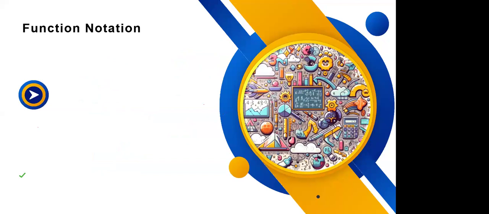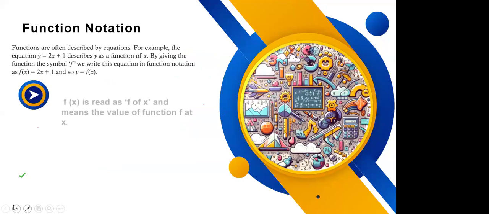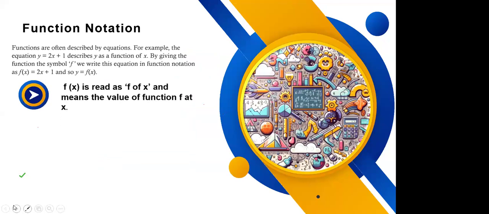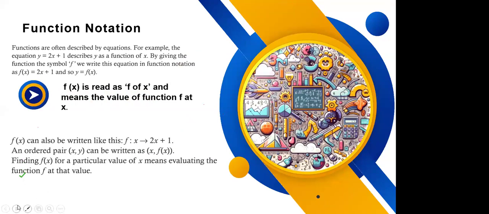Okay, so I'm going to ask you to first summarize. When you find f(x), we read it mathematically as f of x, and it means the value of the function f at x. So I'm going to give you some minutes to summarize what you are seeing on the screen. Write out the key points you need to know about a function.